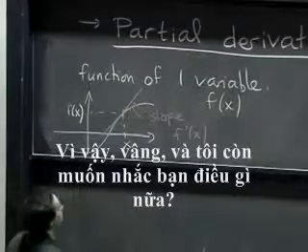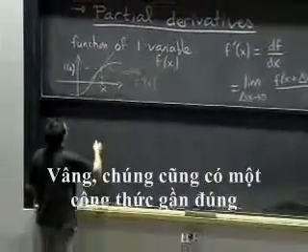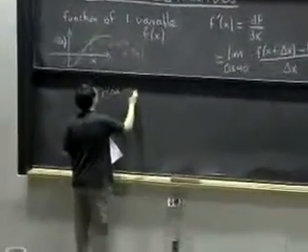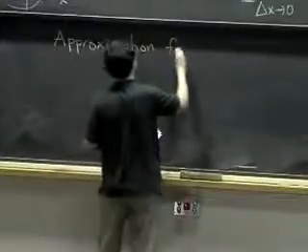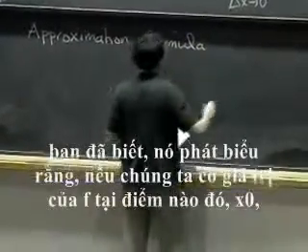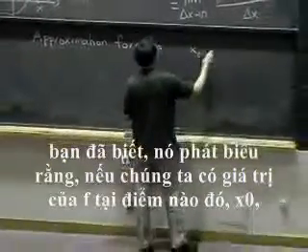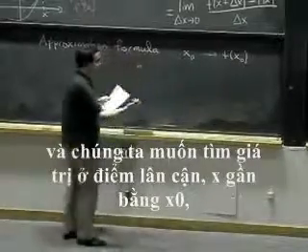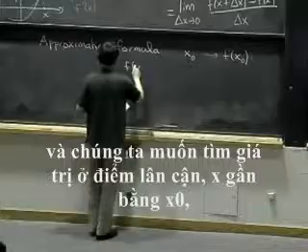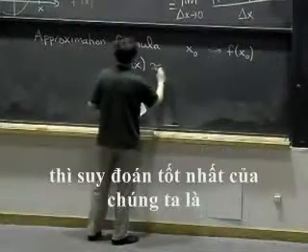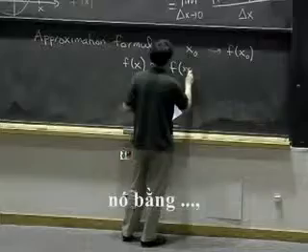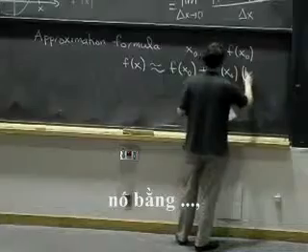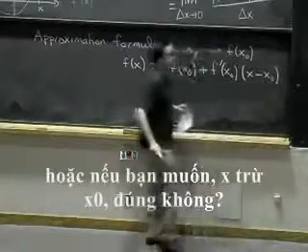So, what else do I want to remind you of? Well, we also have an approximation formula, which says that if we have the value of f at some point x0, and then we want to find the value at a nearby point x close to x0, then our best guess is f of x0 plus the derivative f prime at x0 times delta x, or if you want, x minus x0.